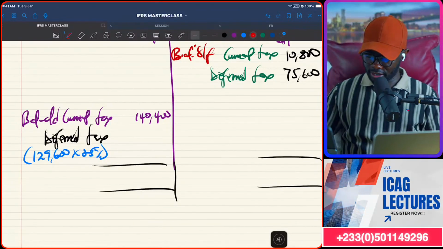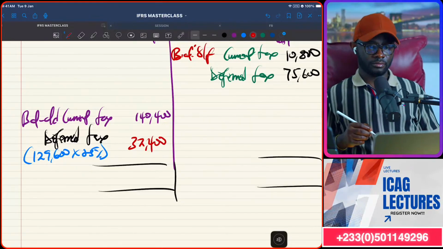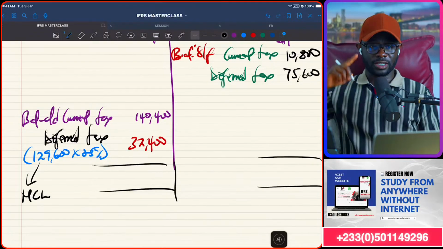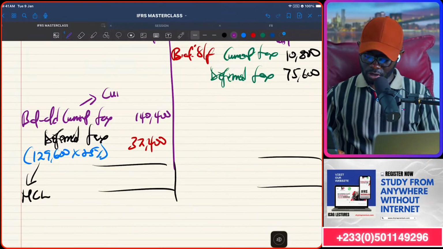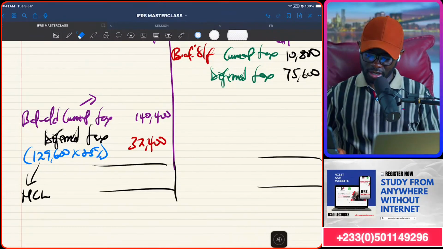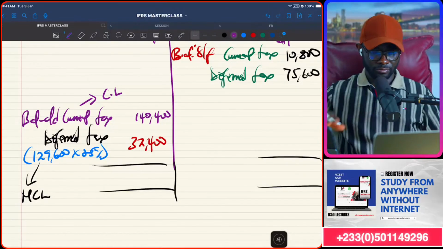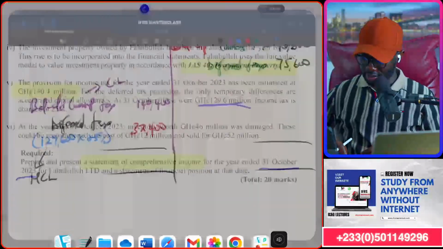And that is 32,400. So remember, this deferred tax is non-current liability on the face of the statement of financial position. The current tax will go under current liability on the face of the statement of financial position, right? Principles. So that is all about the deferred tax issue.